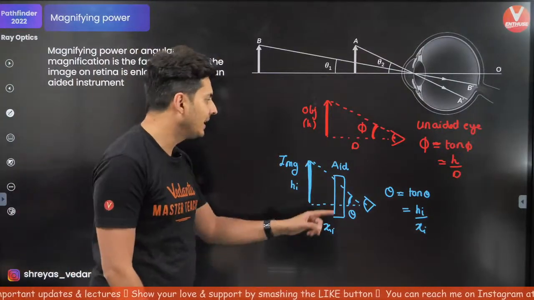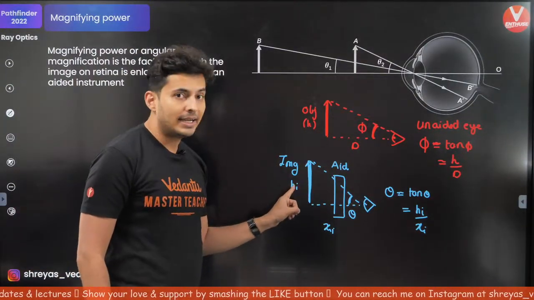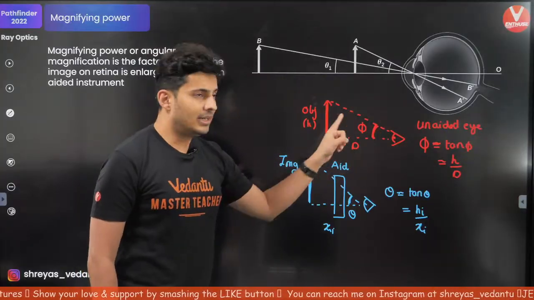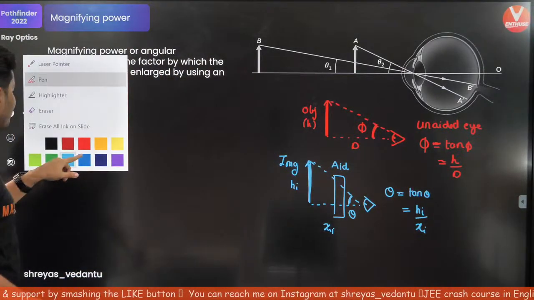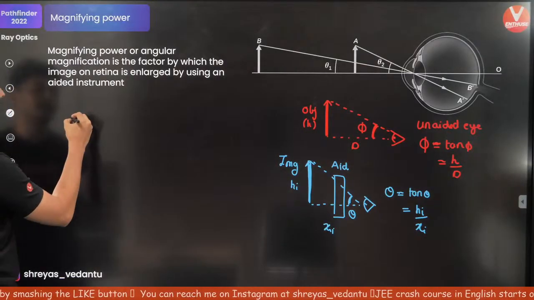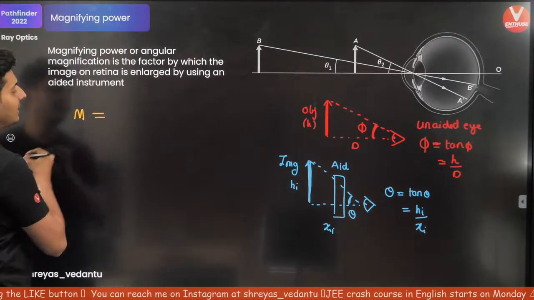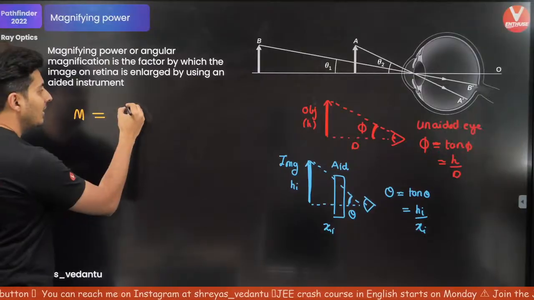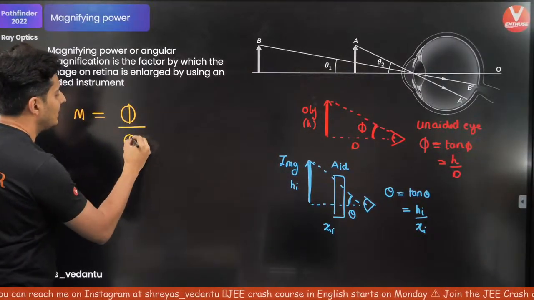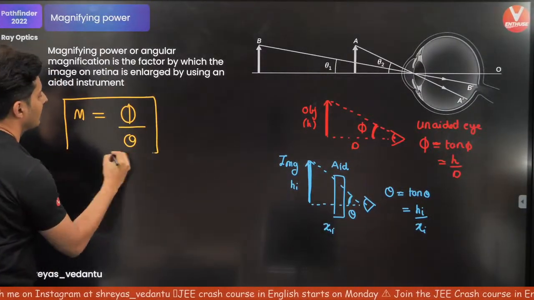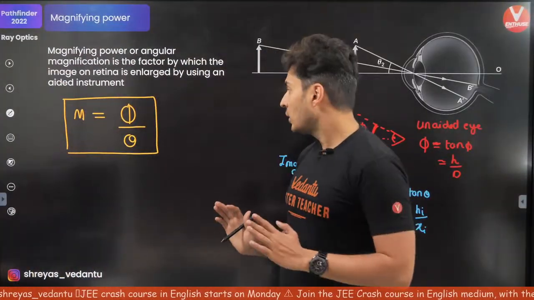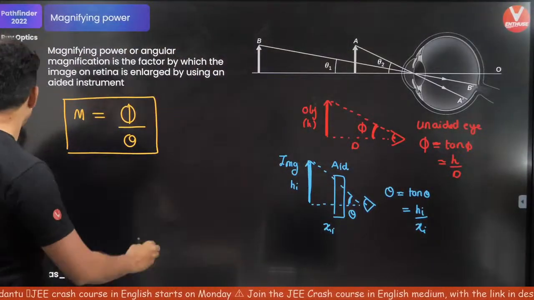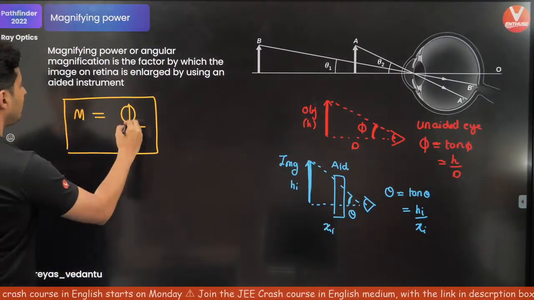So basically theta is for the aided eye, phi is for the unaided eye. This magnifying power is nothing but the phi value divided by theta value. Oops, sorry, I made it the wrong way around.